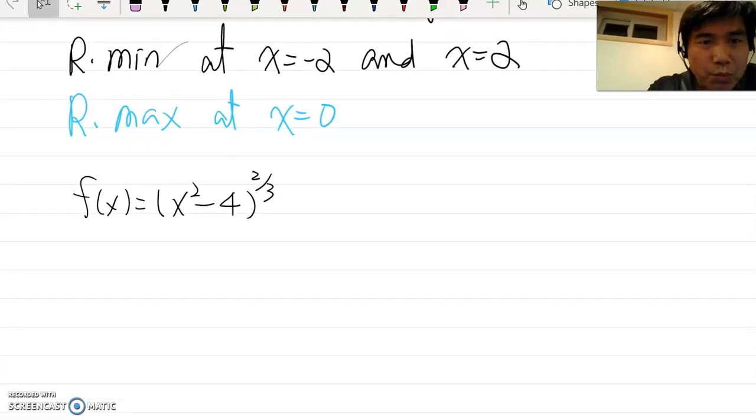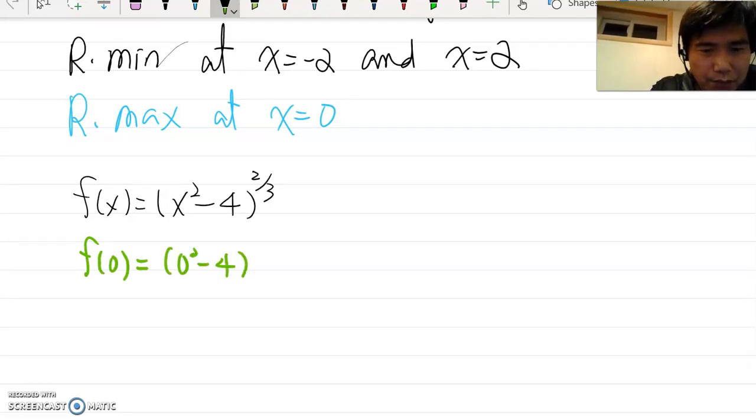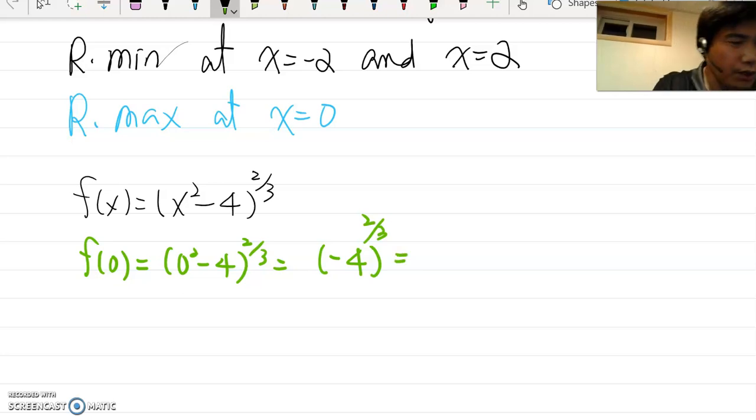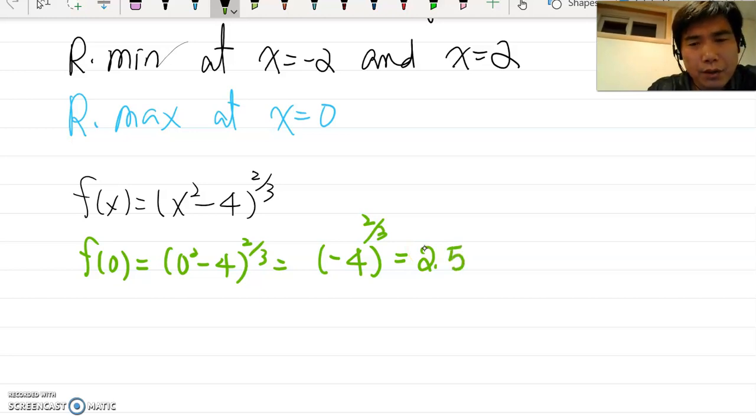So f(0) means (0 squared minus 4) to the 2/3 power. So I can say negative 4 to the 2/3. Okay, if you calculate that, you get around 2.52.